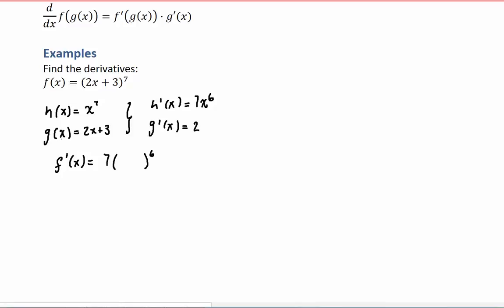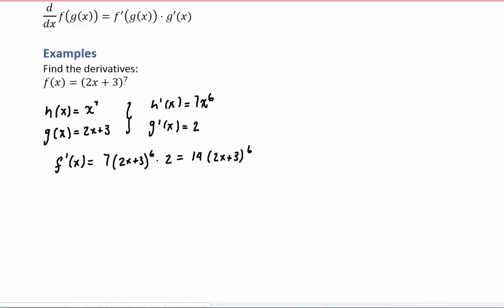But now I'm not feeding x, I'm feeding g of x, which is 2x plus 3. And then times g prime, which is 2. And that then gives me 14 times 2x plus 3 to the 6th. So there you have the derivative.